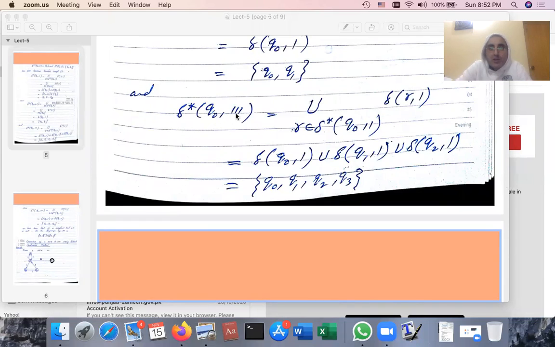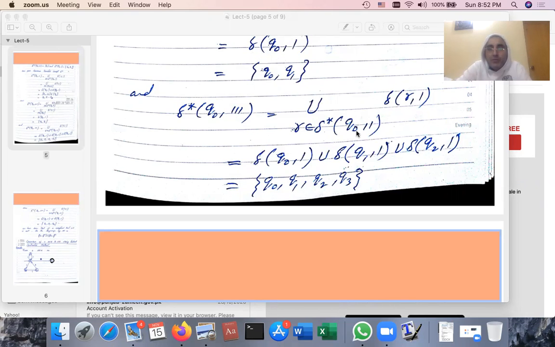So delta star Q0 111. So how can I write it according to the recursive formula? Delta R comma 1. This is the last one, and the double ones are remaining. So I can write union over R belonging to delta star, this Q0 and this double one here.